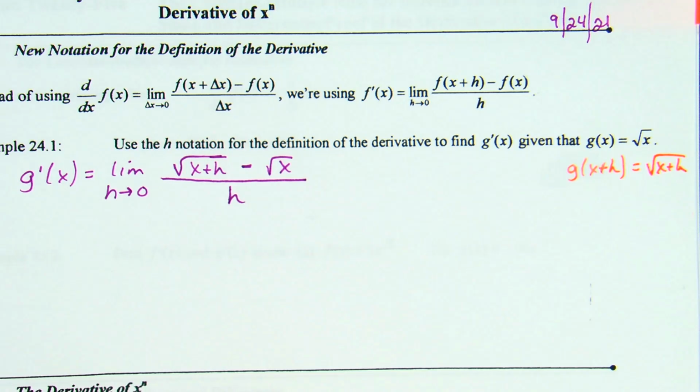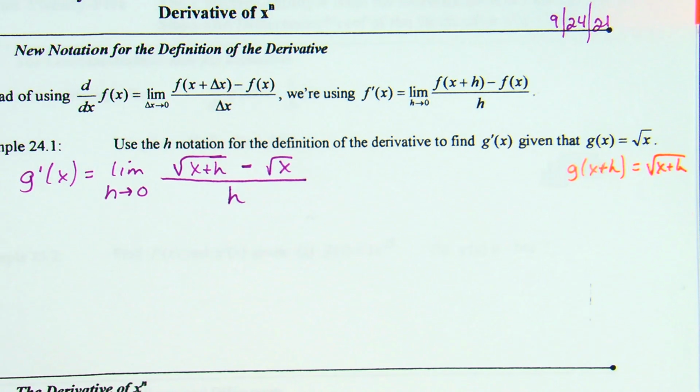One reason they're showing this one is because we have to use a different technique here. If I plug in 0 right now, I'm going to get 0 over 0, which is a problem because that doesn't work for us.